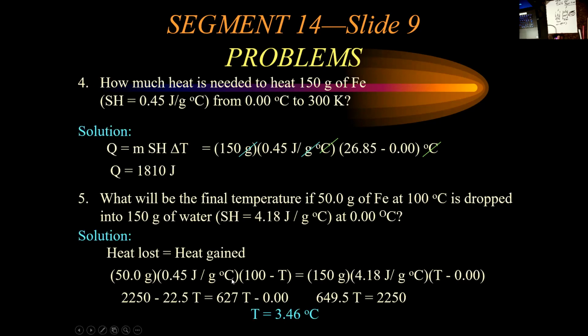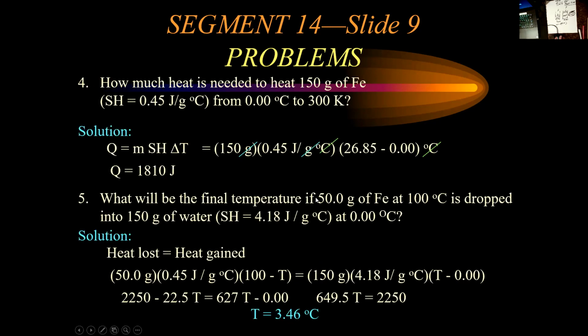Well, look here. I've got 150 grams of water with a very high heat capacity. So I'm going to have a lot of this, which means I'm going to get a smaller number out there. So yes, that makes sense, that it would be closer to 0 than it would be to 100.